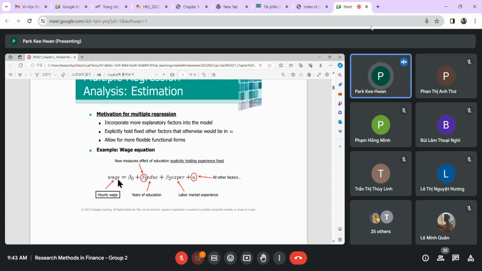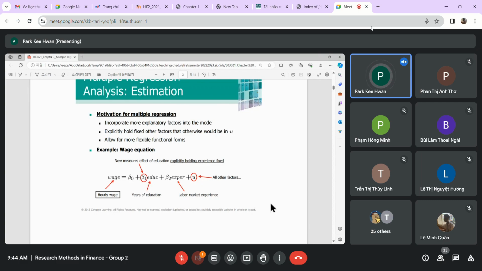Now suppose that we estimate beta 1, the slope parameter of education. Then this beta 1 measures the effect of education while holding the other factor, experience, fixed.